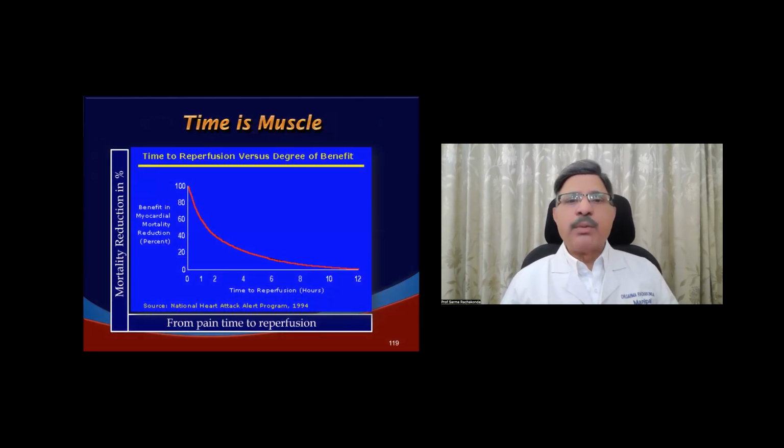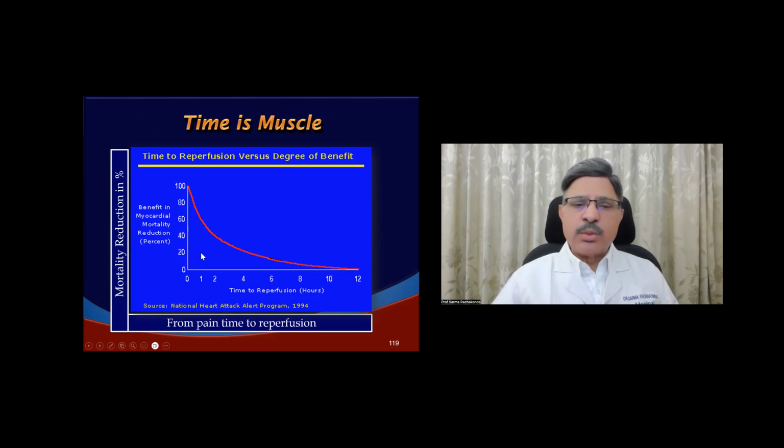Now, time to reperfusion versus degree of benefit. Time is muscle. So you see, within 1 hour, 2 hours, 4 hours, 6 hours, 8 hours, the benefit in myocardial mortality reduction. After 6 hours, you see there is no benefit at all. Very little benefit until 8 hours. After that, no. In the first 1 to 2 hours, there is maximum benefit.